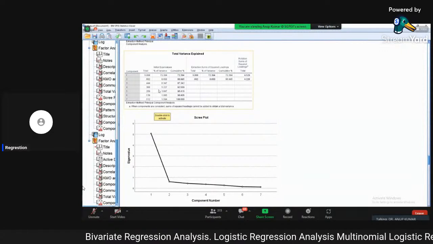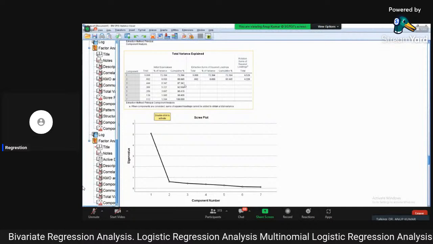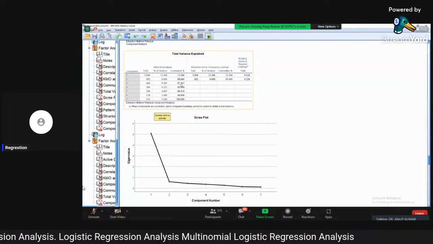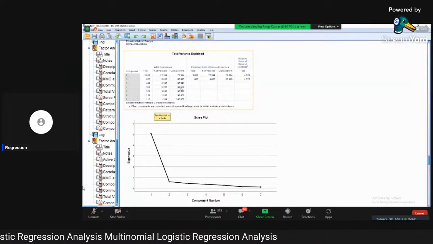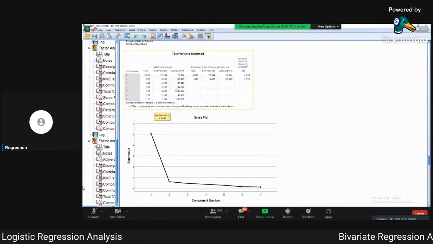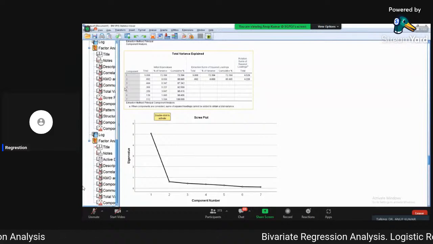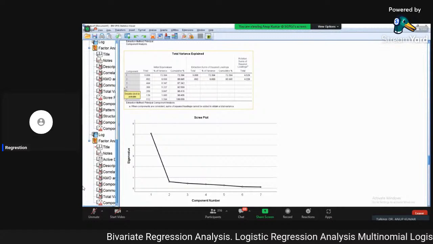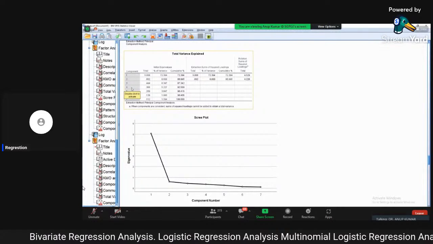One is up to what percentage of variability we would like to explain. If we would like to explain up to 90%, in this case we should go up to 4 components. Okay, if we want to explain 95% variability of the data, for this we need to go up to the 4 factors.